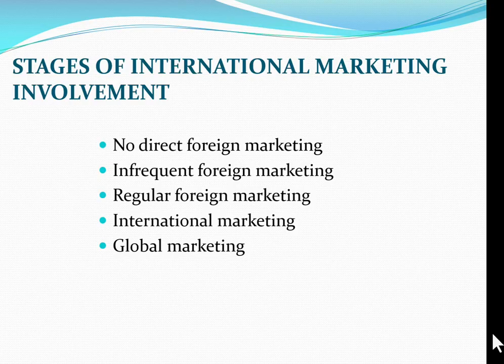In this case, we may have excess production, production over capacity, right? So we produce too many of them. And if we sell it in the domestic market, prices will go down because supply exceeds demand, right? But if we sell it overseas, problem solved. So we find companies who will buy it from us and sell it overseas. And that's no direct foreign marketing.